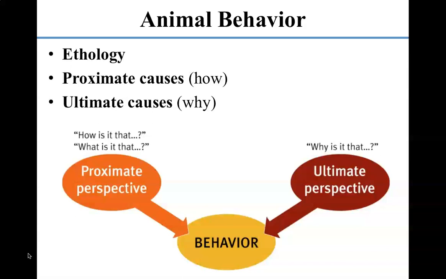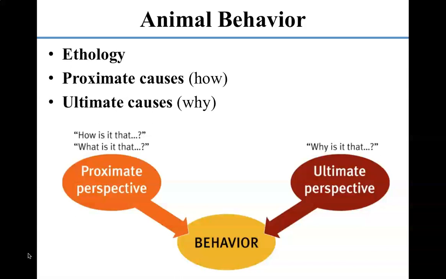So if you're trying to figure out how a behavior happens, you're going to be looking at things like the genetic blueprint that provides information to the body on how to respond to stimuli. You might be looking at cellular clues. So, what's going on in the cells and the tissues, or the physiology or the anatomy, that allow them to detect whatever stimulus is affecting their behavior, and how do they respond to it.